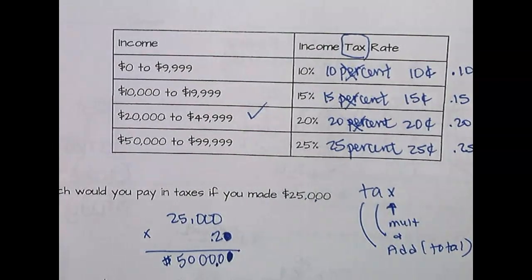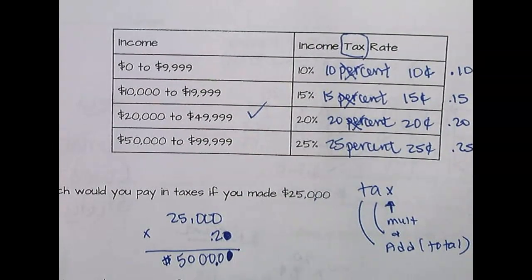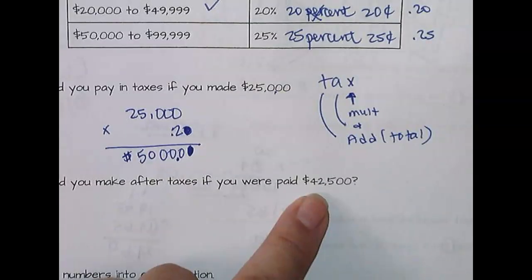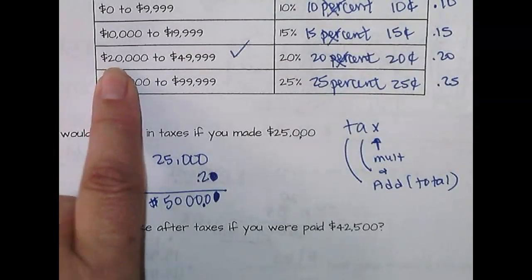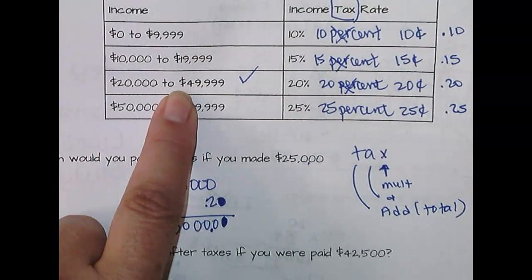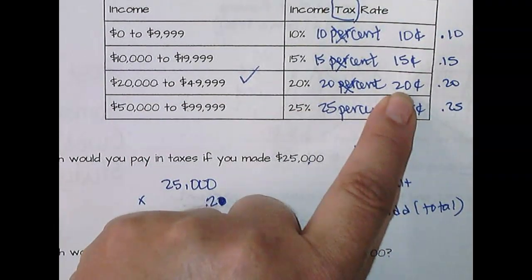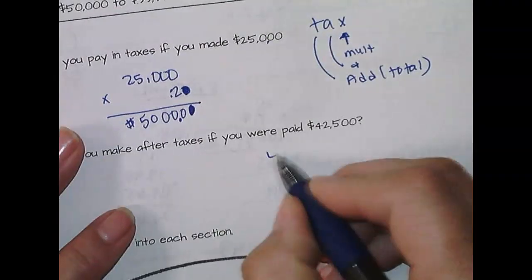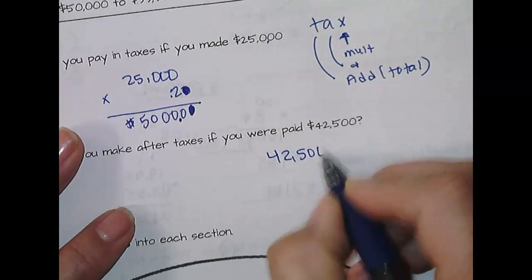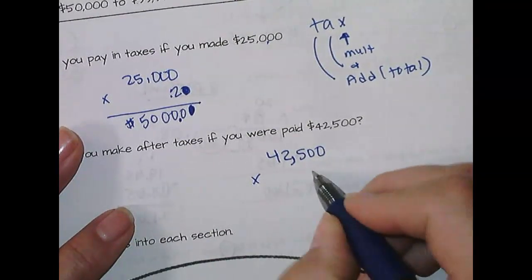Next one. How much would you make after taxes if you were paid this much? So go back to your table and find $42,500. Well, I would say it's the same category because $42,500 is still in that zone. So I'm going to still keep 20%. You're just lucky there's a zero. So you're going to take $42,500 times 20%.